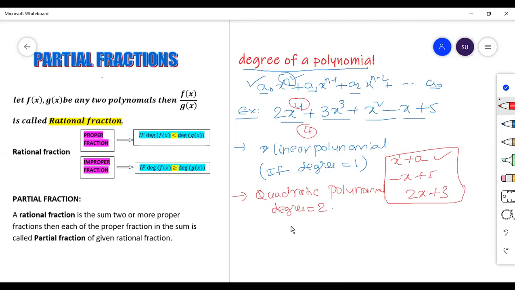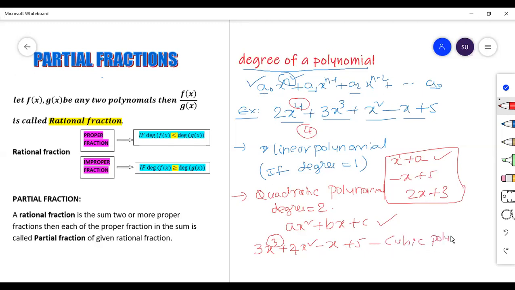The general form of a quadratic is ax square plus bx plus c. Here x power is 2, that's why this is called a quadratic polynomial. In the same way, if the degree is 3, for example 3x cube plus 4x square minus x plus 5, here the degree is 3, so this is called a cubic polynomial.